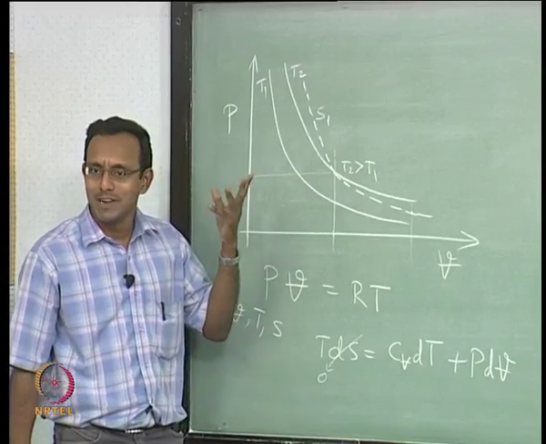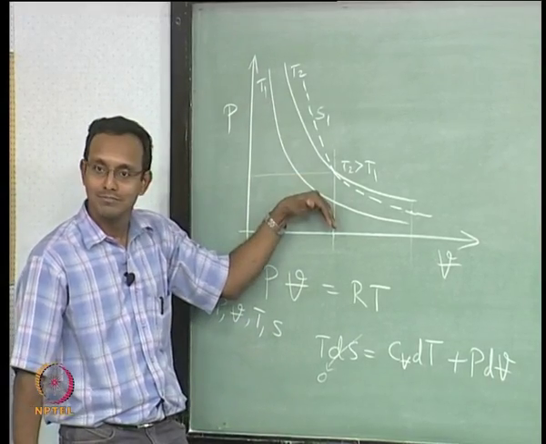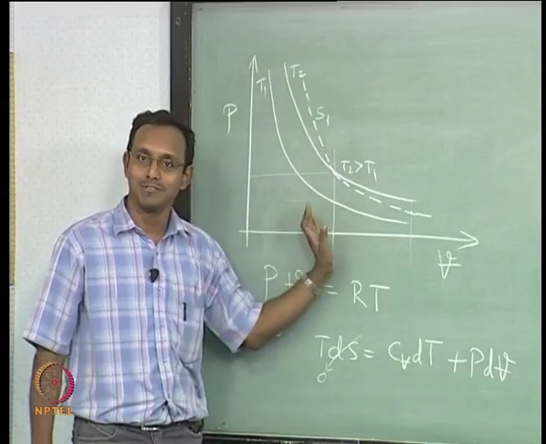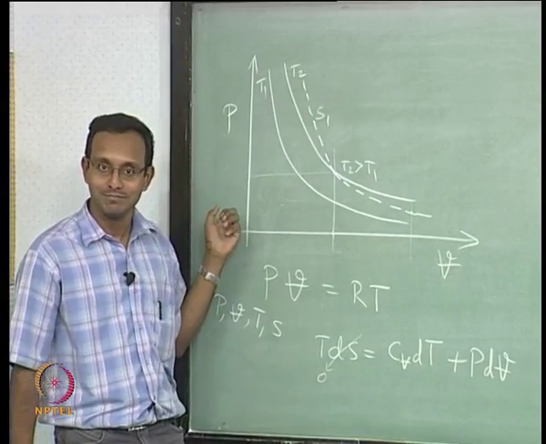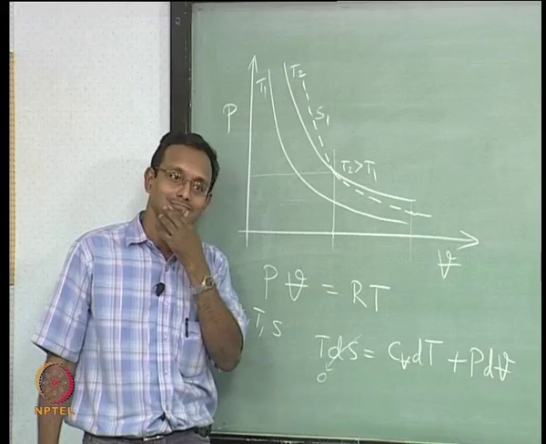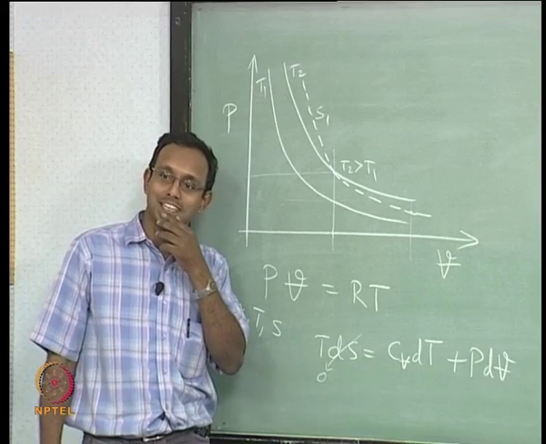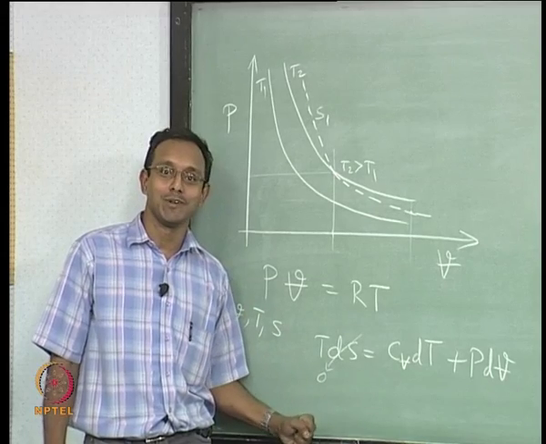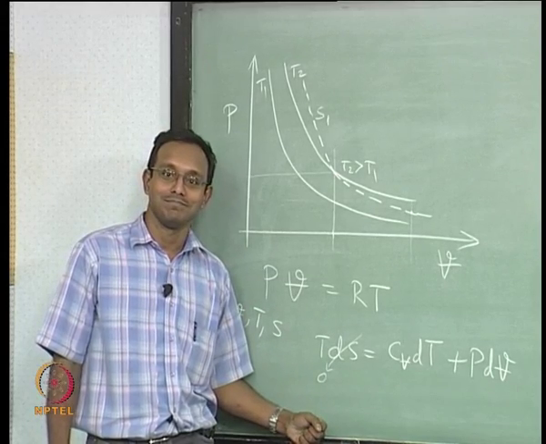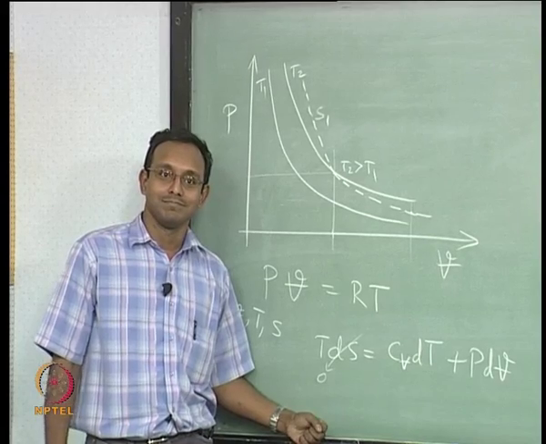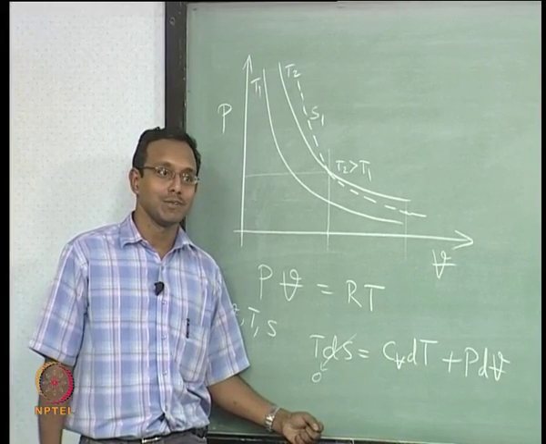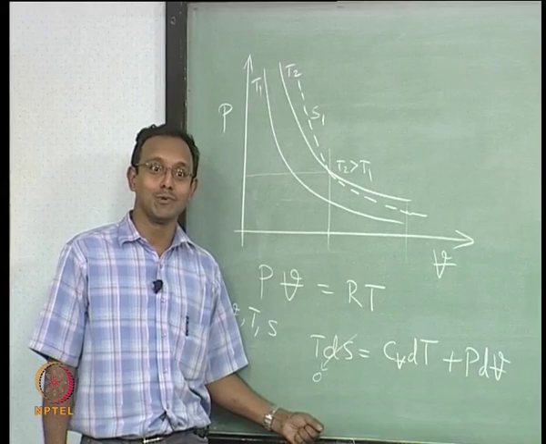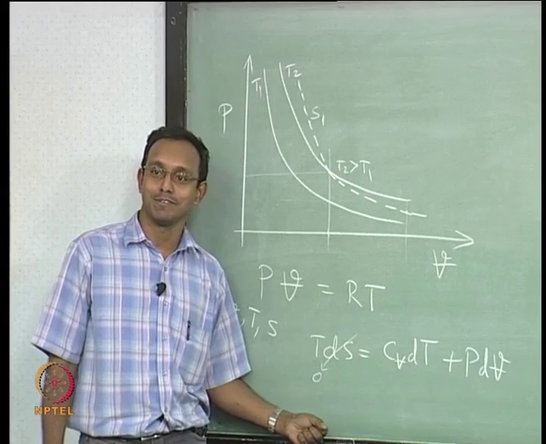Let us think about this. Can you give me a better explanation if it is above or below? Does the curve move up or down in terms of pressure? You have to basically think about what happens to entropy if I change volume. If I increase volume, what should happen?